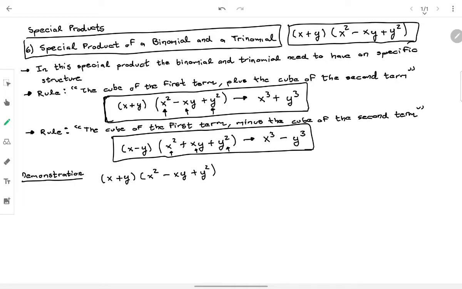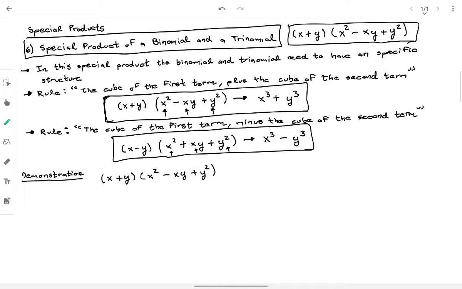If the trinomial has that structure, then the answer will be the first one cubed minus the second one cubed. So let's see the demonstration of why it will be that specific answer.